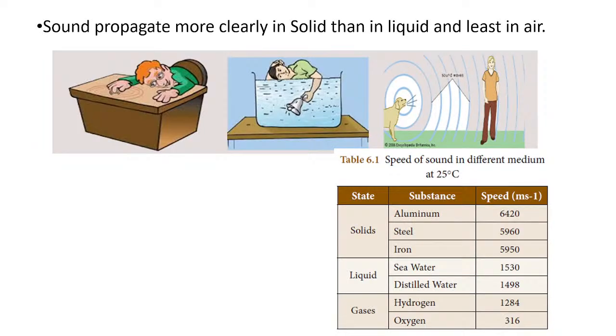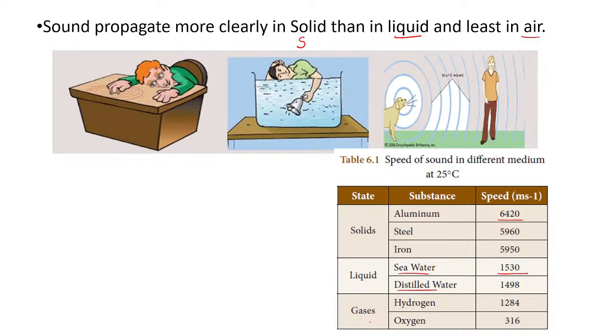Sound propagates more clearly in solids. In decreasing order, solid comes first, then liquid, and the least in air. In case of solids, the speed of sound is very high. These are aluminium, steel, iron, different solid objects. In aluminium, the speed of sound is 6420 meters per second. Then steel is 5960. So the speed is more in solids. In liquids, in seawater and distilled water, it decreases to 1530.